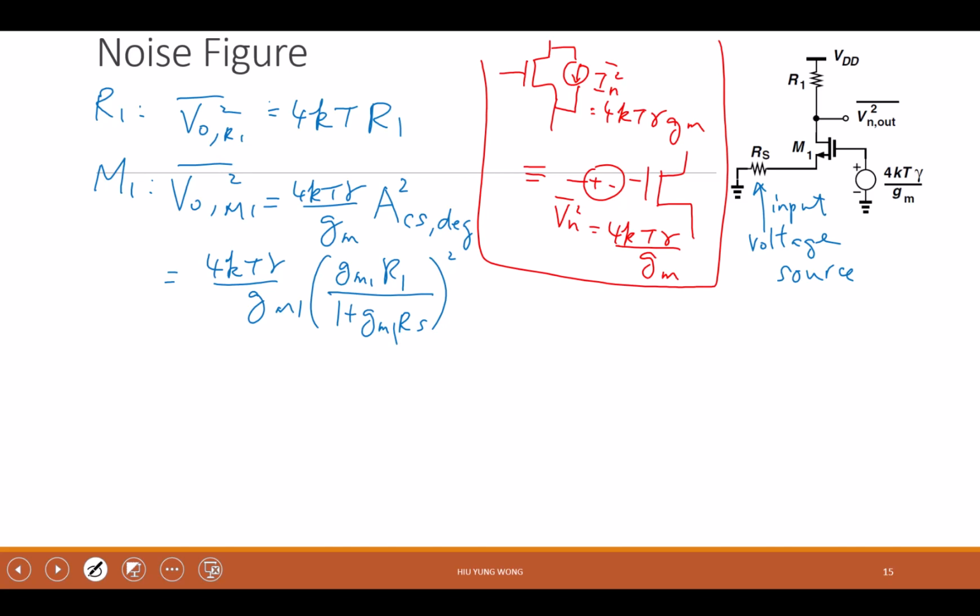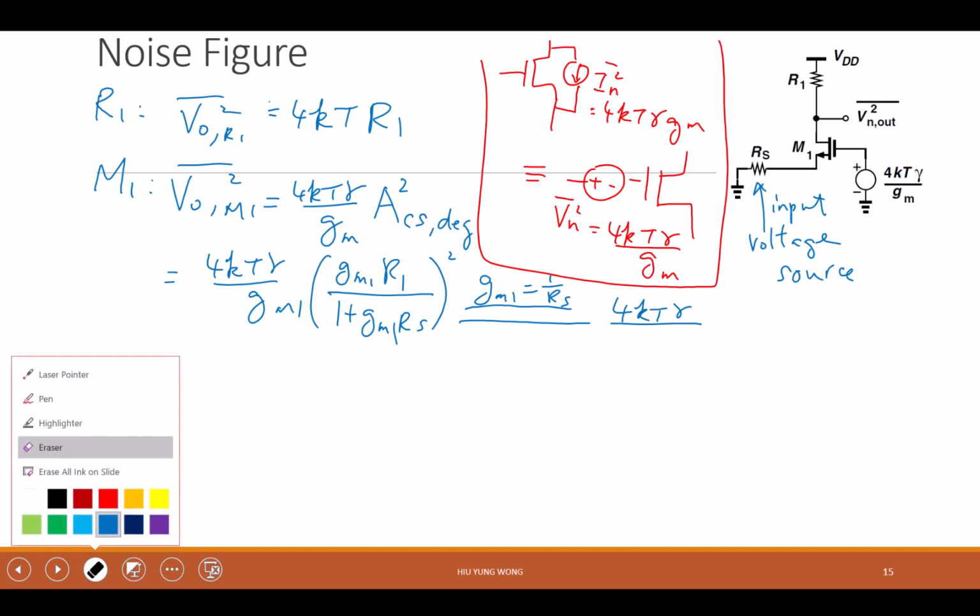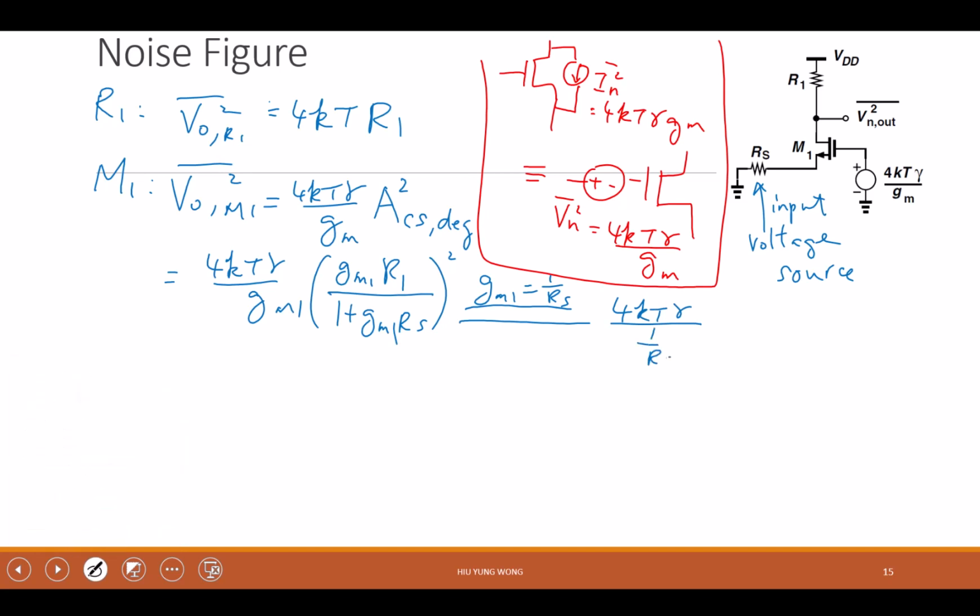So I need to do some simplification. This is very messy. Just remember the relationship between gm1 and Rs: gm1 equals 1 over Rs. That is very important, right? So this gives me kT gamma divided by, or just times, or maybe divide for now, 1 over Rs.